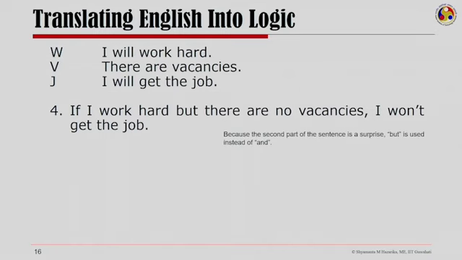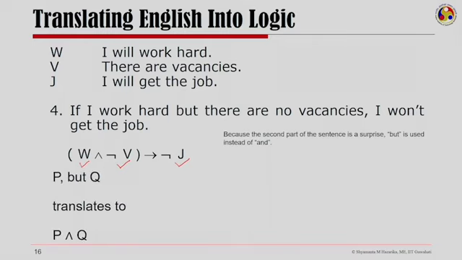So, this statement would convert to I work hard, W, and there are no vacancies, not V, implies I won't get the job, not J. This is something we need to focus on and look at, that if I have a statement which says P but Q, then I need to translate it to P and Q.